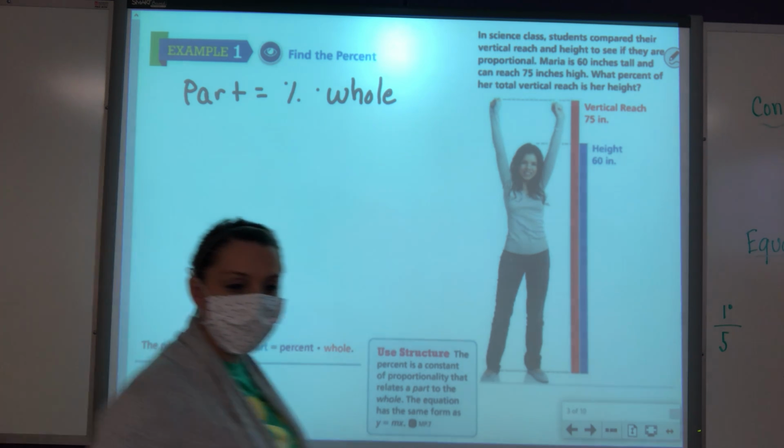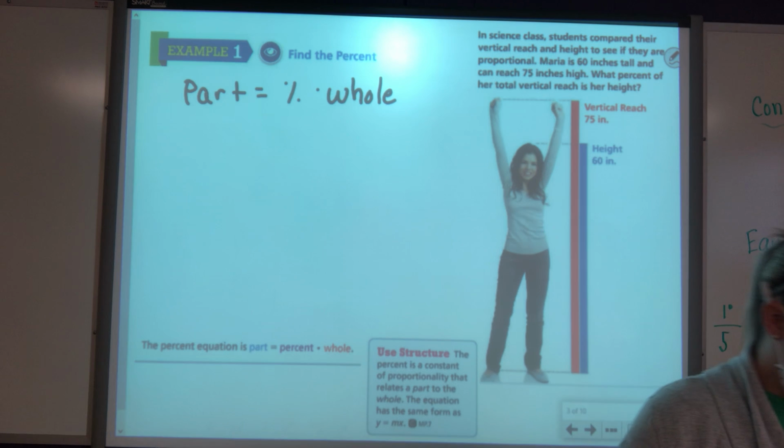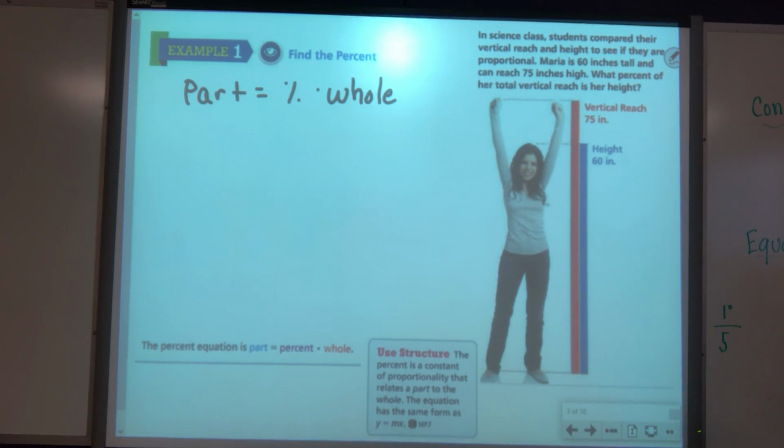Can we write it that way? So 60 is what percent of 75? If we say that, then 60 is the part, and then 75 would be the whole.